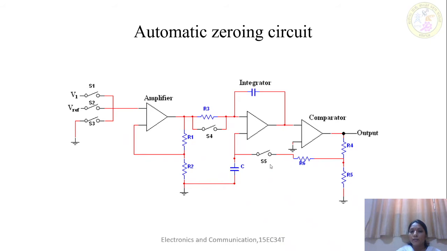If you close S5, the comparator is grounded through this capacitor, so there is a path from the capacitor to ground. Before taking the actual values, S3, S4, S5 switches have to be closed.